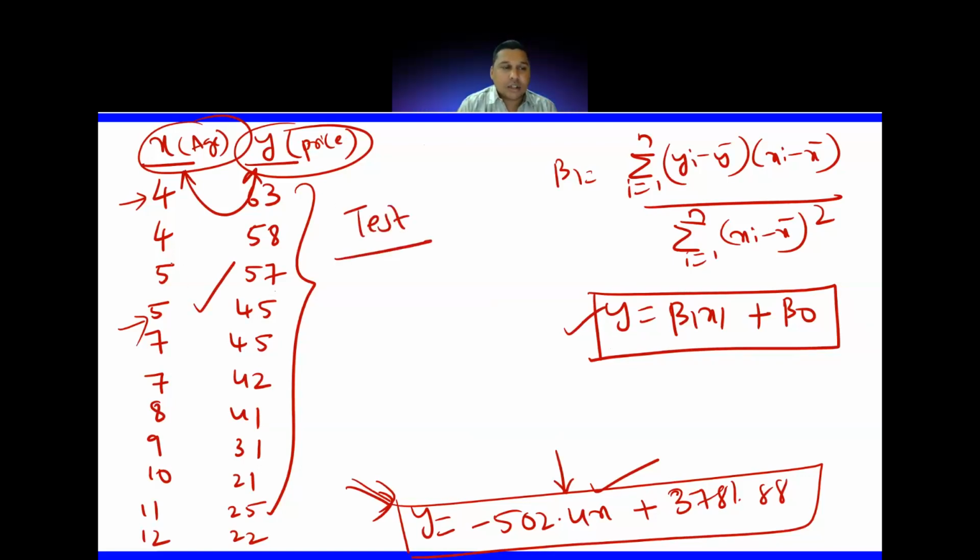This is real data, the existing data. You try to give this input in this equation. You try to give 5 in place of x. If you give 5 in place of x, you may not get this answer. You may get an approximate answer near to this, but not exactly this.